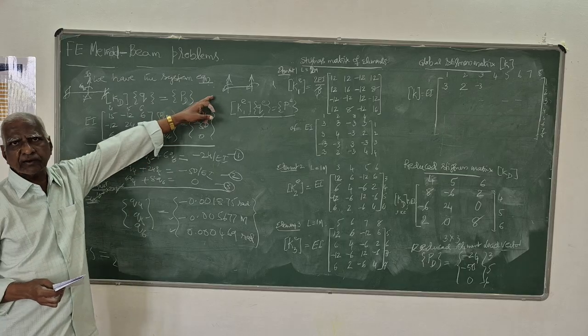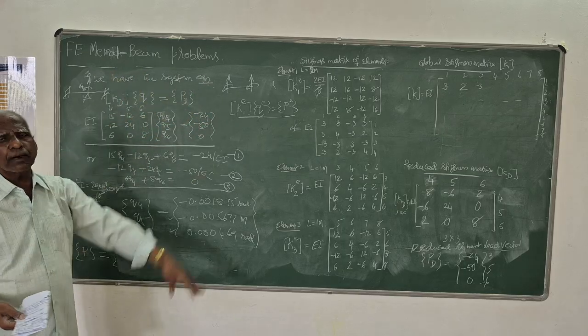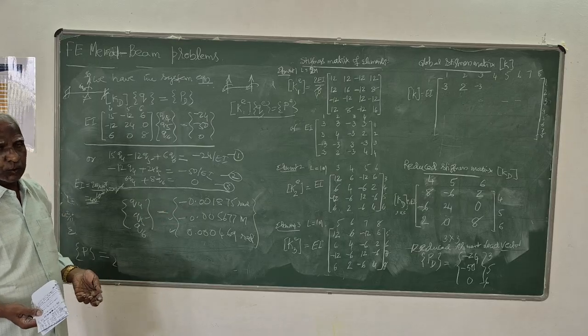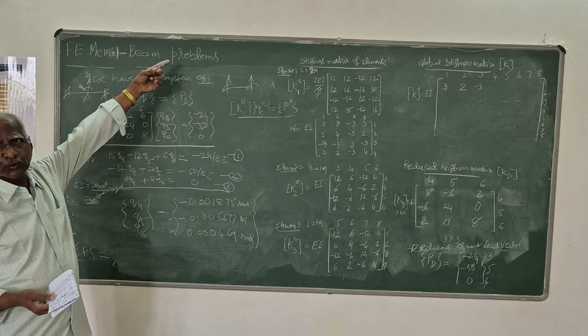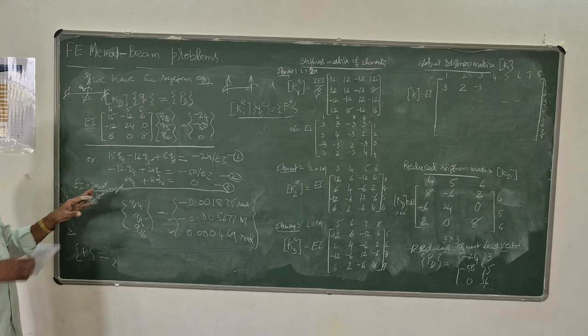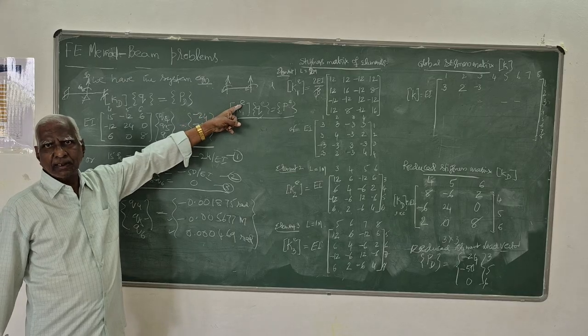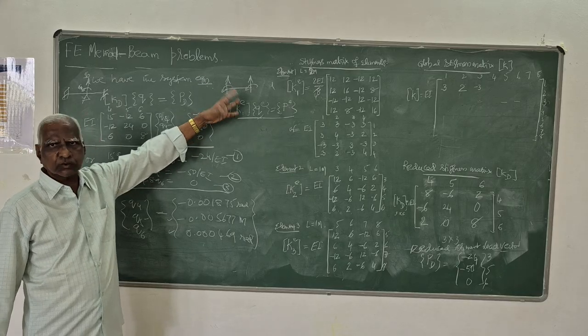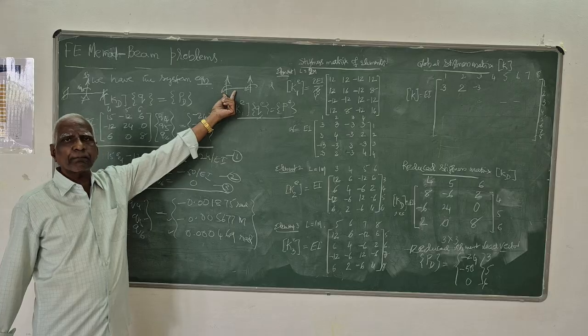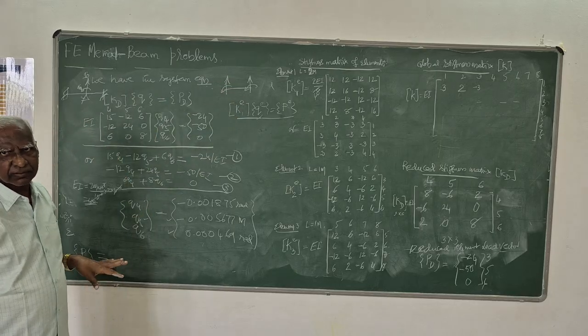Or use the equation for each element separately, moment and shear, and compute it. Either way you can do it. I prefer to use the equation since I have given moment and shear equations in terms of Z. Take each element separately, use the relationship between natural and global coordinates, get the point where you have to determine moment and shear. That's all.